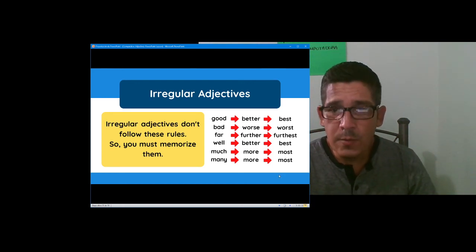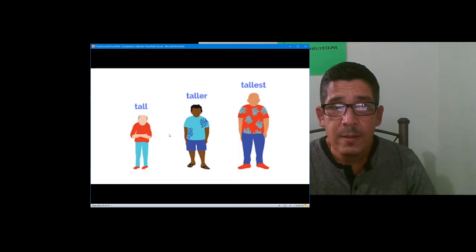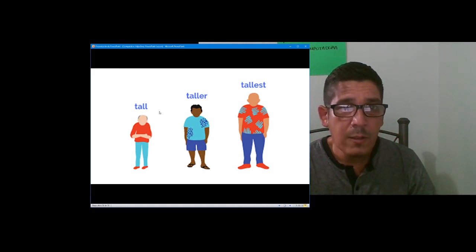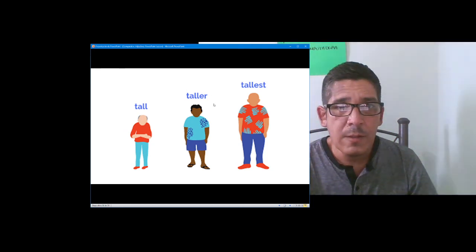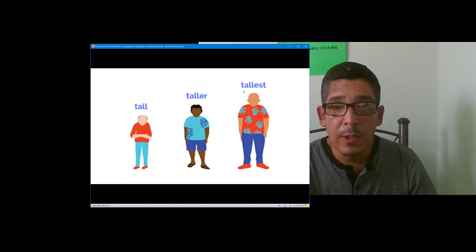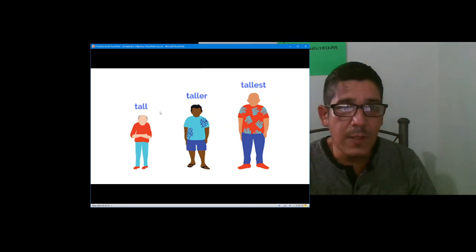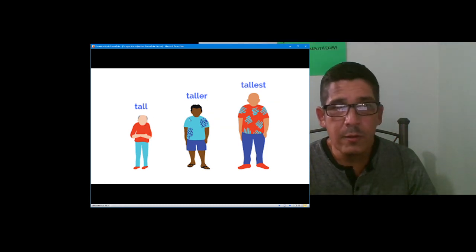Just to finish with this and to set up more examples, you can see over here in a graphic what I was telling you. So you're going to have tall, you're going to have taller, and you're going to have tallest. So you have three people. Comparatives is between two people. Tall, taller.